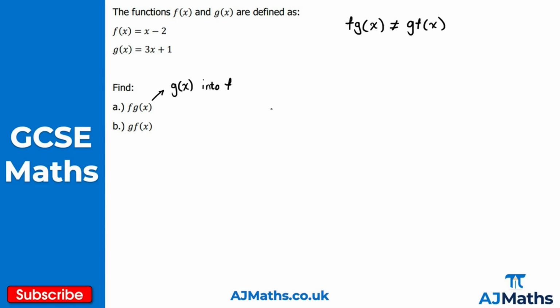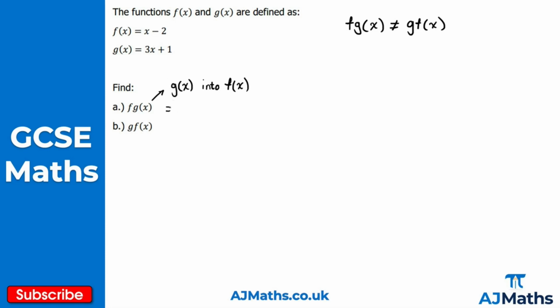So what do we mean by g of x into f? Well, what we mean here is this function g of x gets substituted into f. Like we saw in the previous video, in our introduction to functions, we're essentially doing the same now. We're just substituting g of x into f. So let's put that into f of x. I'm going to substitute 3x plus 1 where my x is here.